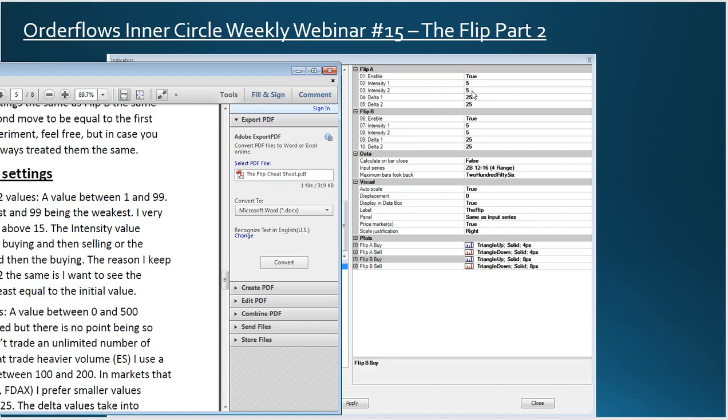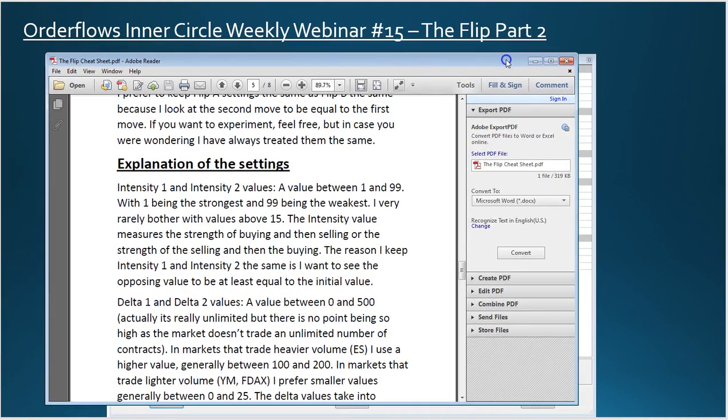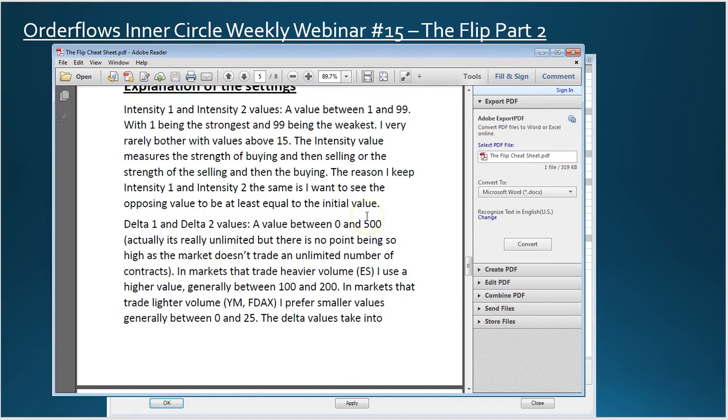But initially what I'm more interested in is the market popping up, in this case for a sell, and then someone coming in with at least an equal amount of selling to move it back down, and ideally move it lower. I can understand why that question was raised. Shouldn't it be stronger? Well, it should at least be equal. Yes, you can adjust it if you want to experiment.